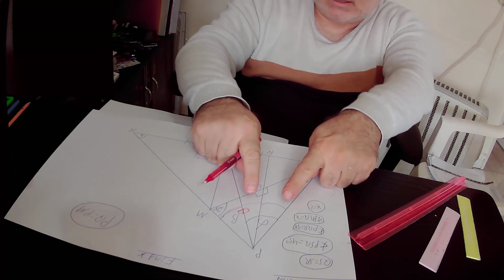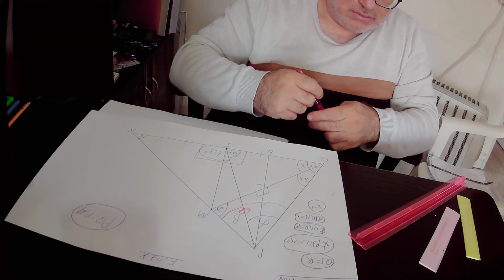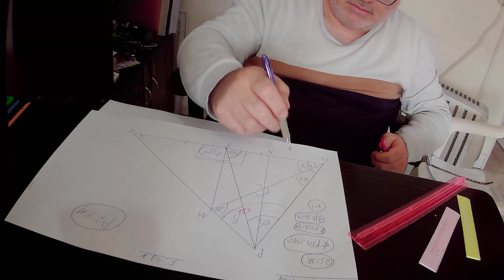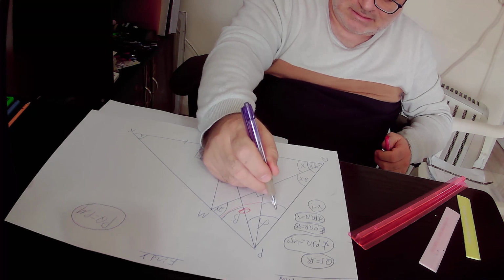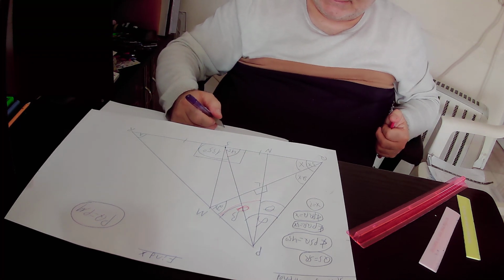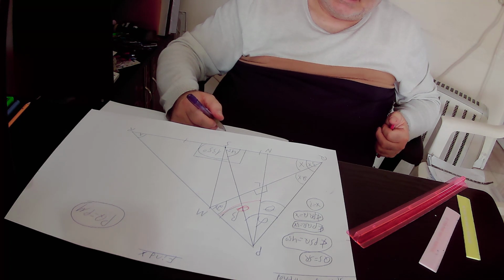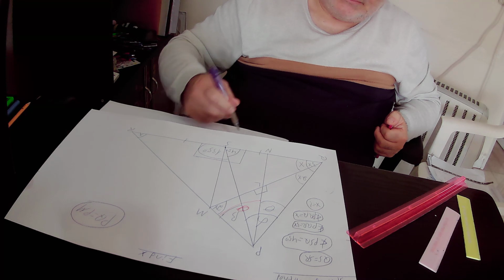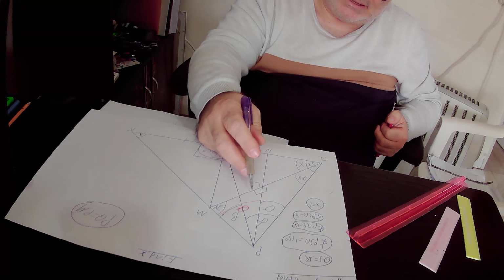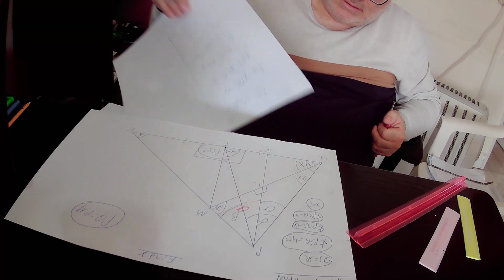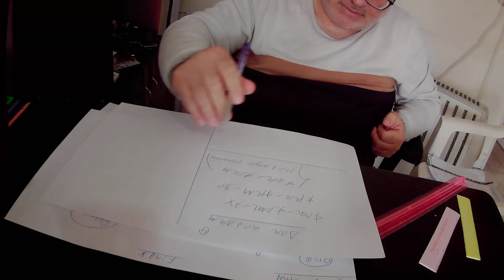And those two angles are equal to each other, therefore this angle will also be equal to theta. And you can see from the drawing that theta plus theta equals alpha plus beta. Theta plus theta equals alpha plus beta.